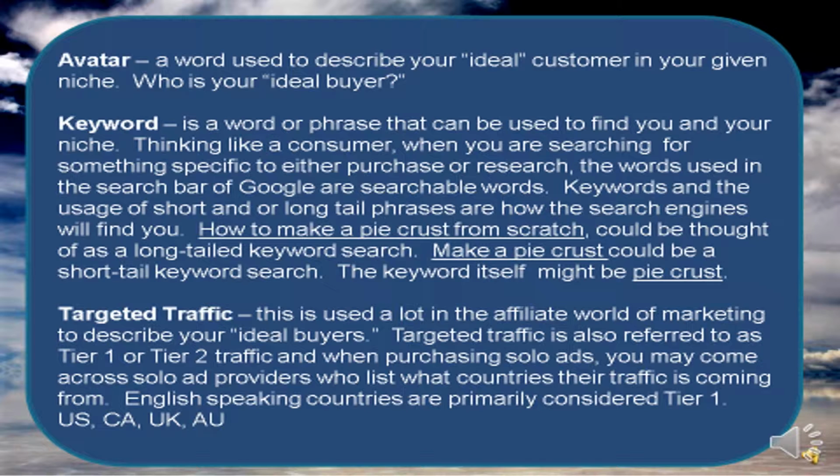Think about all the different ways that someone could search for you and find you, okay? And I promise you, by doing this and providing content in long and short-tailed keywords in either your blog or somehow on your website, this is going to rank you higher in Google, okay?